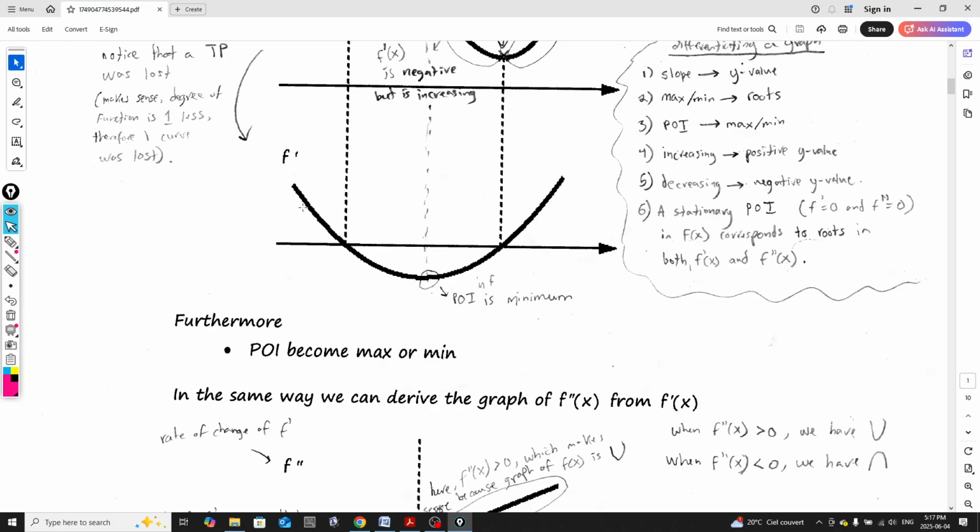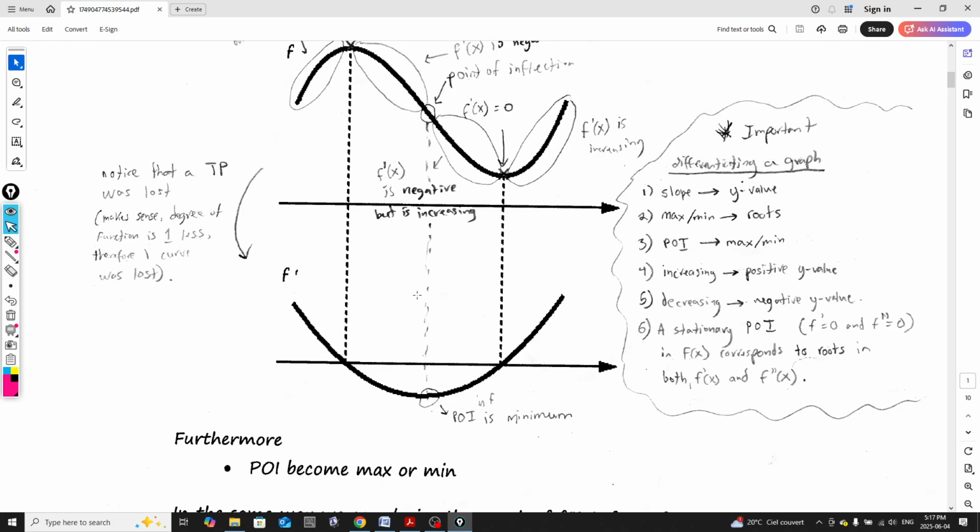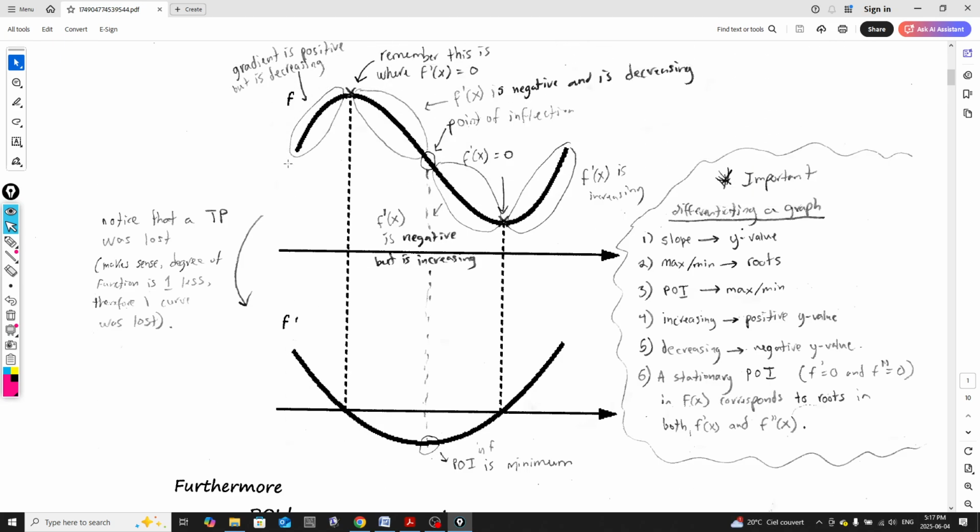Those slopes on this part of your graph are all negative, so all those y values of f double prime are negative. And that makes sense, because we saw that when f double prime is less than 0, our graph is concave down.